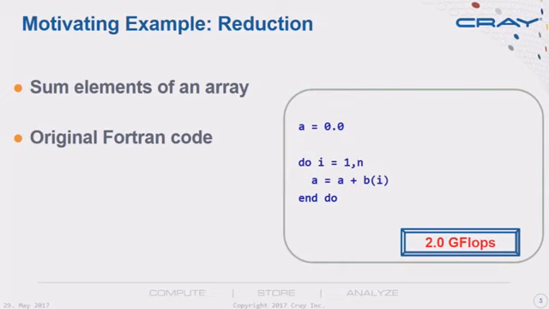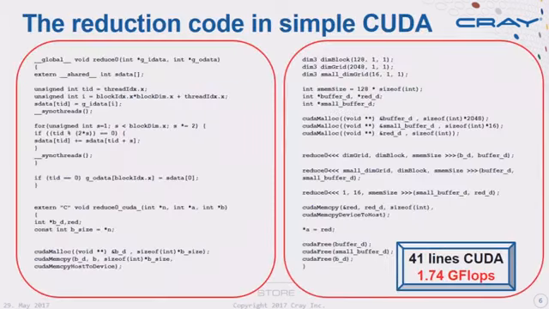Now the summation of the elements of an array. In that example, I use a Fortran one. If you perform that just on a CPU, depending on the hardware, but let's assume, this is a quite old example, we get 2 gigaflops on a pure CPU run. You could also think of implementing this example in CUDA.